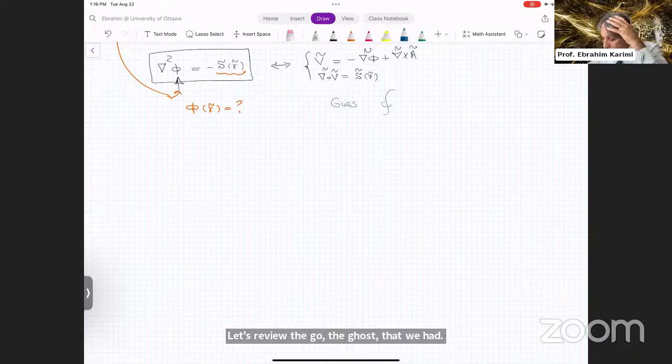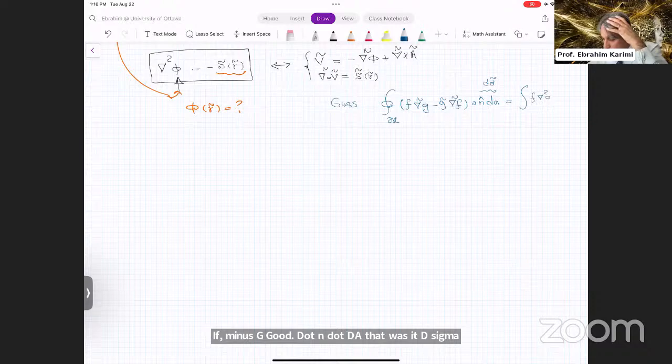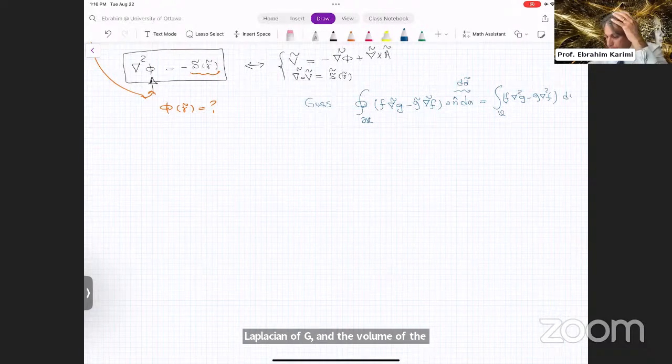The theorem that we had was the integral on the surface of f gradient of g minus g gradient of f, dot n dA. That was a d sigma, remember? On the integral of volume of f Laplacian of g minus g Laplacian of f on a volume V, dV. Good.